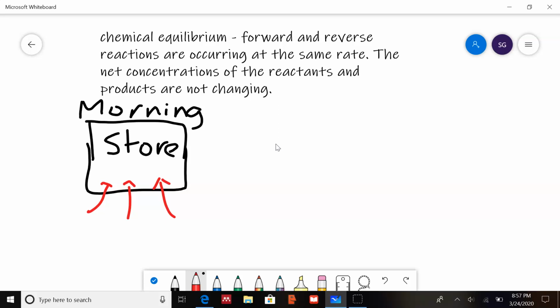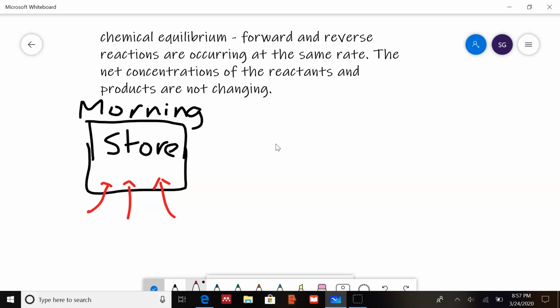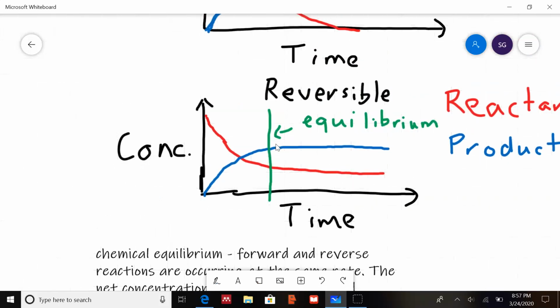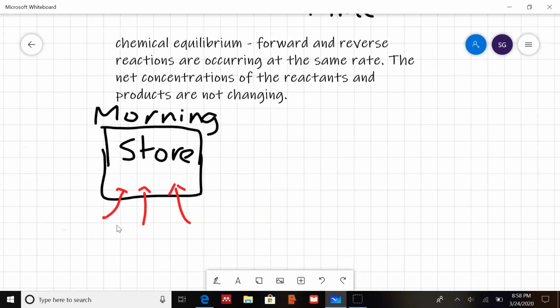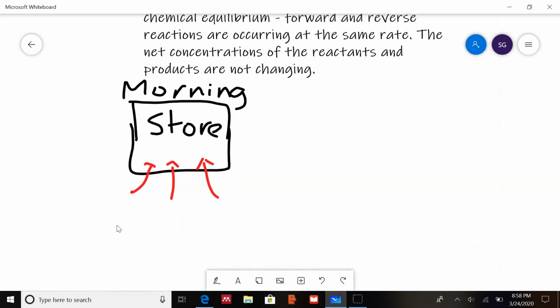Nobody's going to be leaving the store because nobody was in the store. Just like how at the beginning of a chemical reaction, it's only going to be proceeding in the forward reaction because you didn't have any products to begin with. So you're only going to be going in the forward reaction from left to right. Same thing here: in the morning, at the grocery store, we're only going to have people coming into the store.